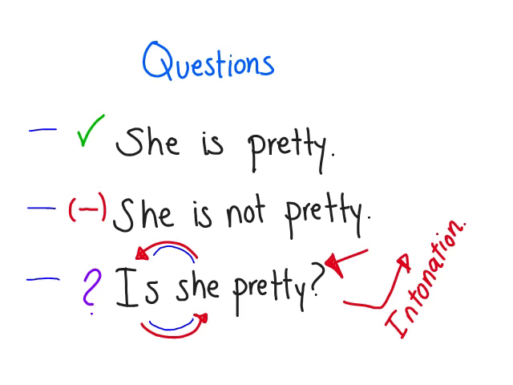And we also have to pay a lot of attention to our intonation. Okay? Just like in Spanish, the intonation rises at the end, almost at the end, in these kinds of questions. Is she pretty? Don't forget to include the question mark when we write questions. It's very important. Okay?